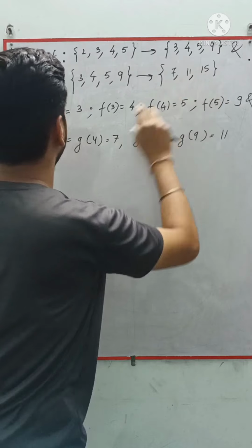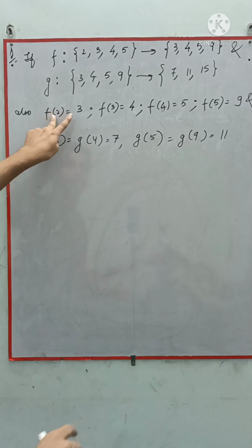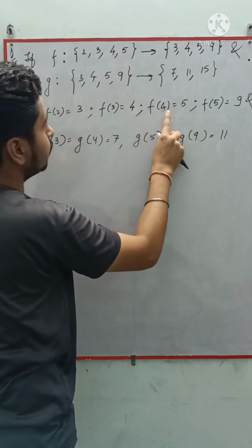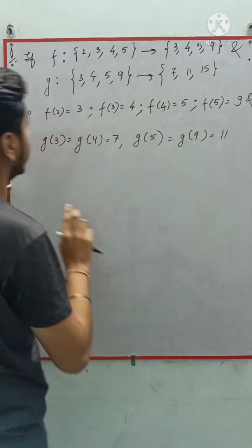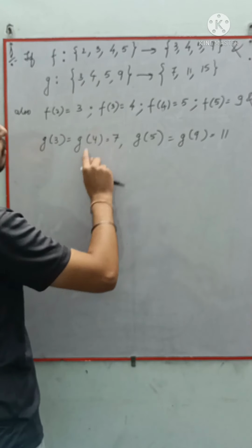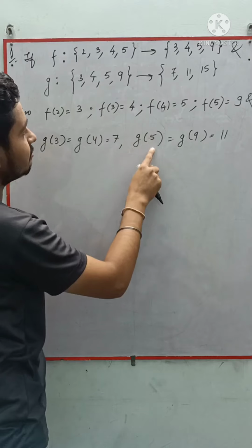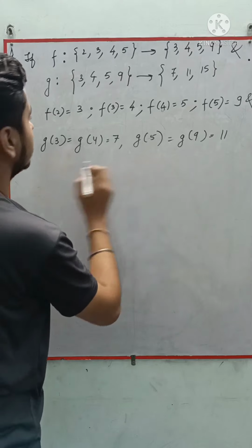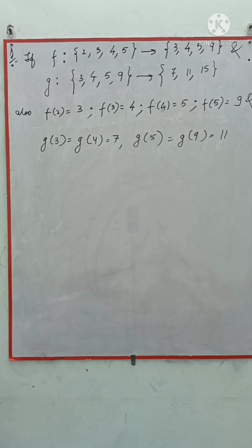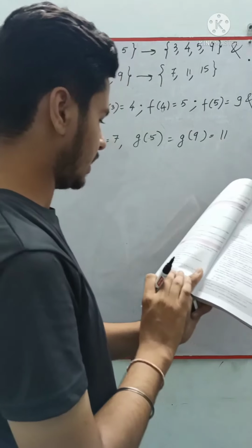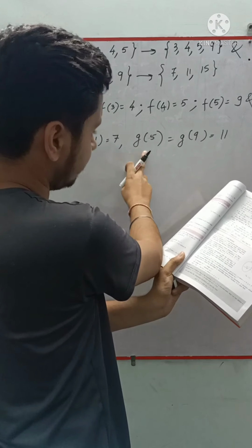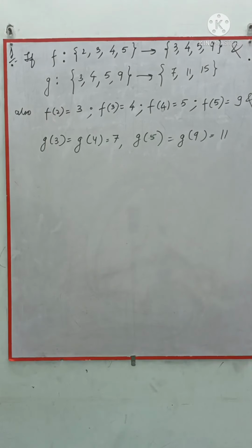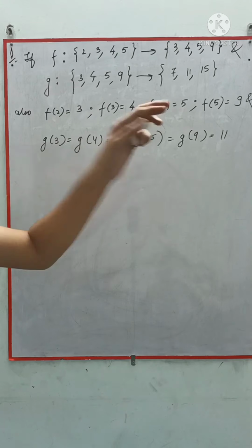In 7, 11, 15, these things are given in the question. f2 is 3, f3 is 4, f4 is 5, f5 is 9, and g3 and g4 are equal to 7, g5 is equal to g9, which is 11. Wait, let me see the question, I have not written it properly. g3 and g4 are equal to 7, g5 is equal to g9, which is 11. Okay, no issues, and this is the question with us.